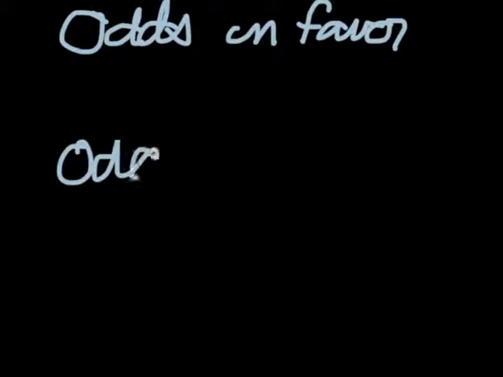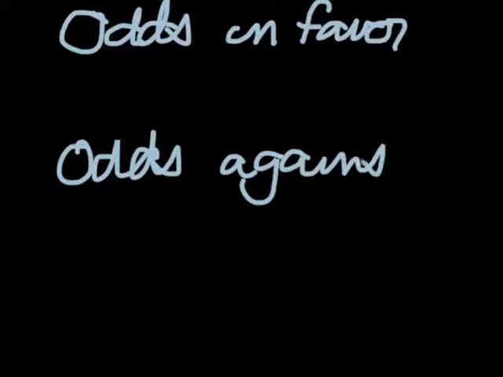So there are two kinds of odds. There are what's called the odds in favor, and there's what's called the odds against. And so what's an odds in favor defined as?